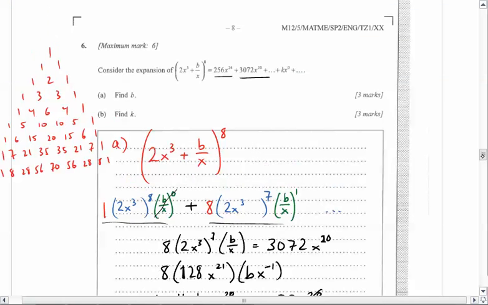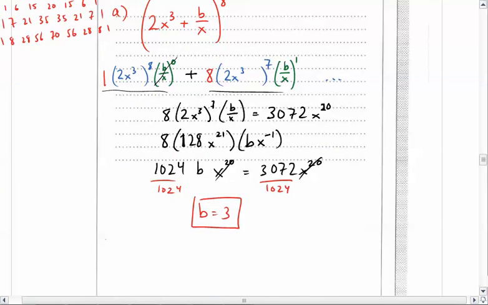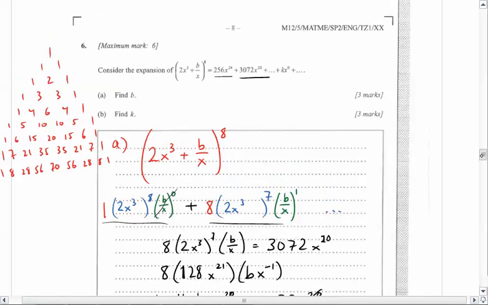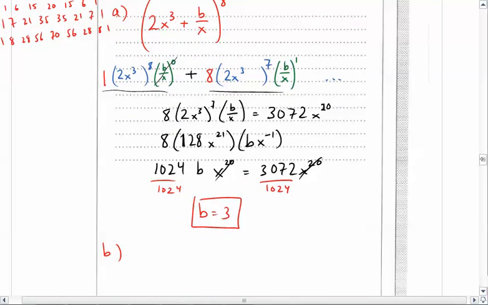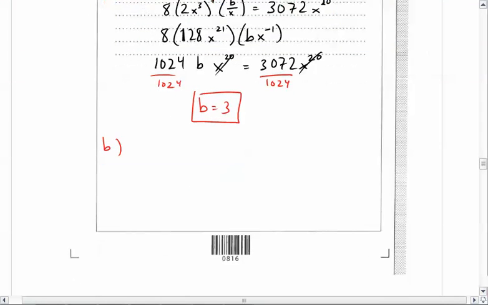Now to find the value of k. That's part B. K is when you have a constant term for x. So let's see, when is that going to happen?